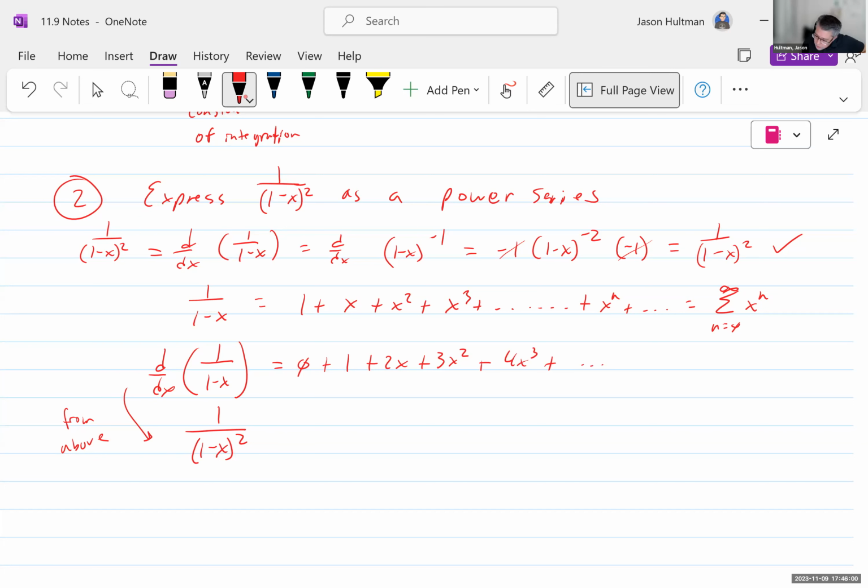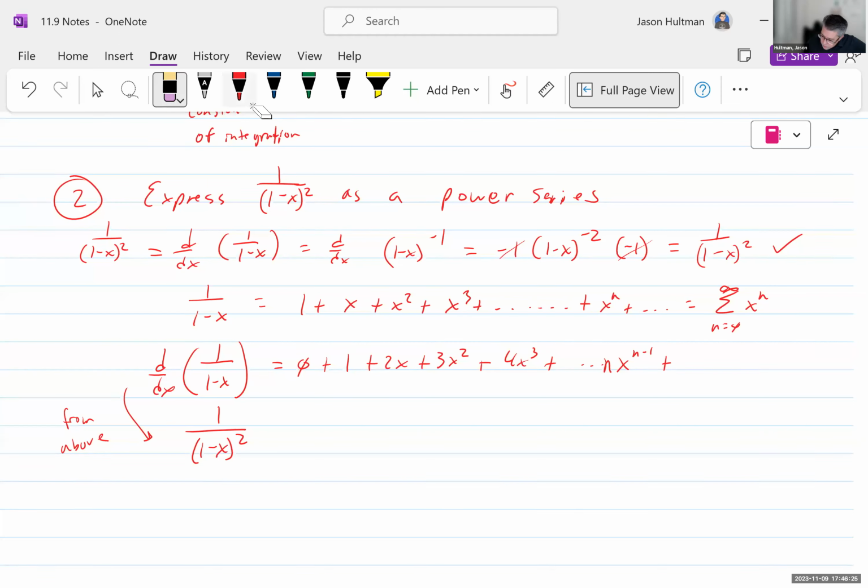And then the nth term is just going to be n times x to the n minus 1. Plus, I'm going to do one more term.